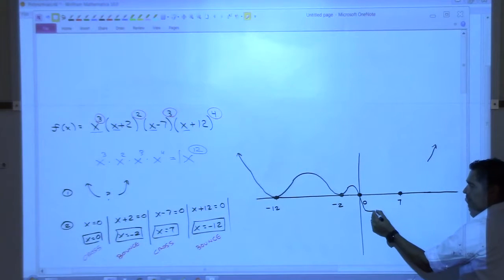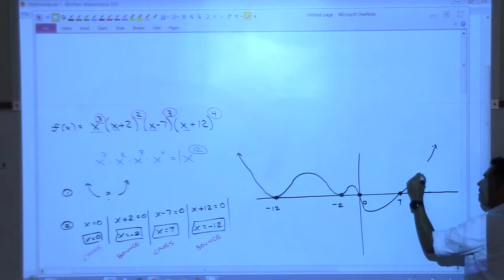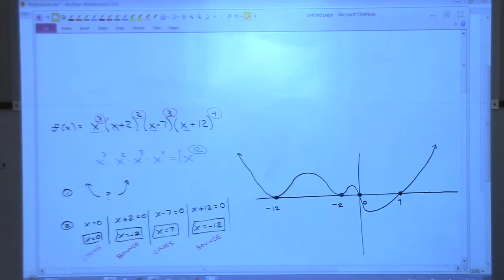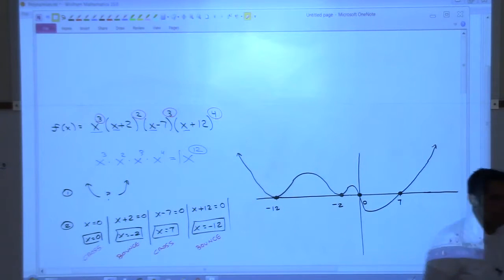And that's a good thing, right? Because when I cross through, I'll be able to reach that other side. There's my picture. So we just graphed. This is actually a 12th degree polynomial that we just graphed. We did a quick sketch of it.